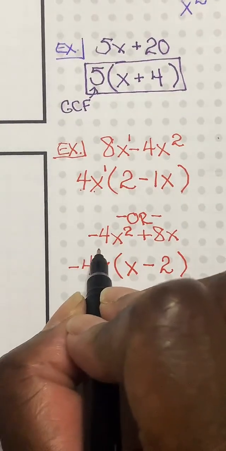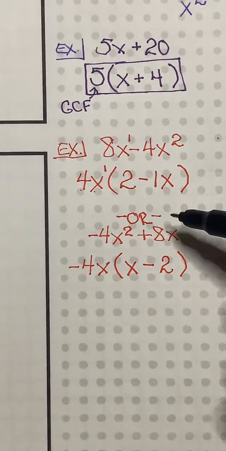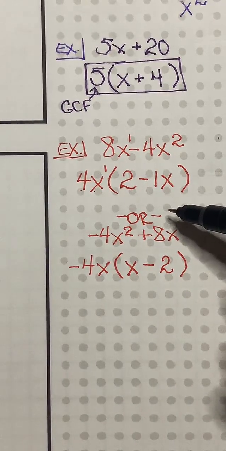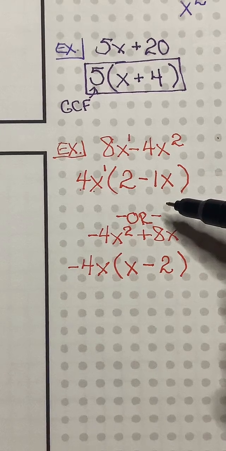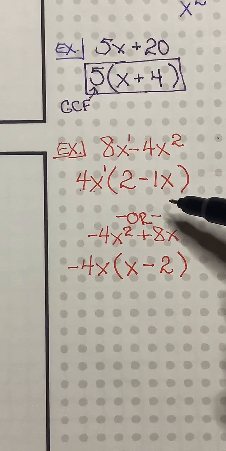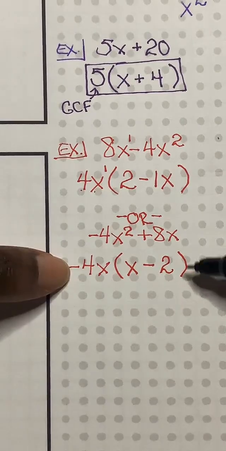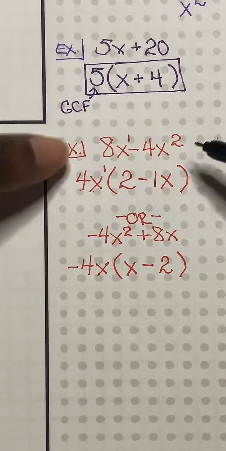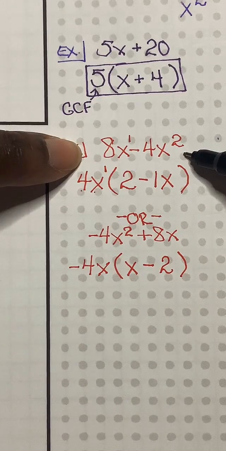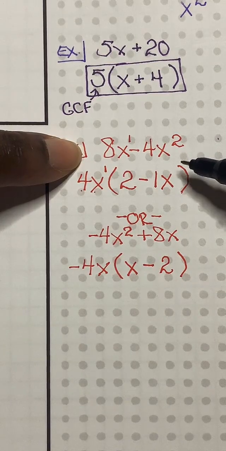So it will depend, and I hate to say it, that's why I have the word or in between. It will depend on how it's instructed. Some people in some districts will say you should switch it and put it in descending order. Some people will say you can just leave it as is and just factor your GCF.